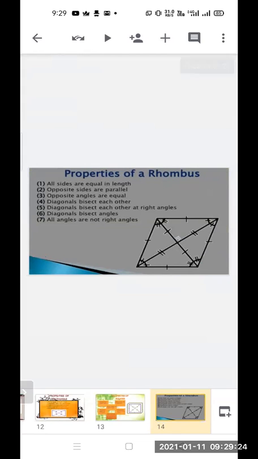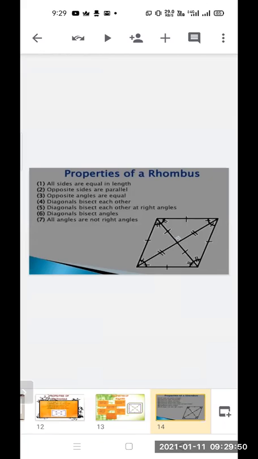Next we have discussed the rhombus. What is a rhombus? A rhombus is a type of quadrilateral in which all sides are congruent. Let us revise the properties once again. All sides of a rhombus are congruent.